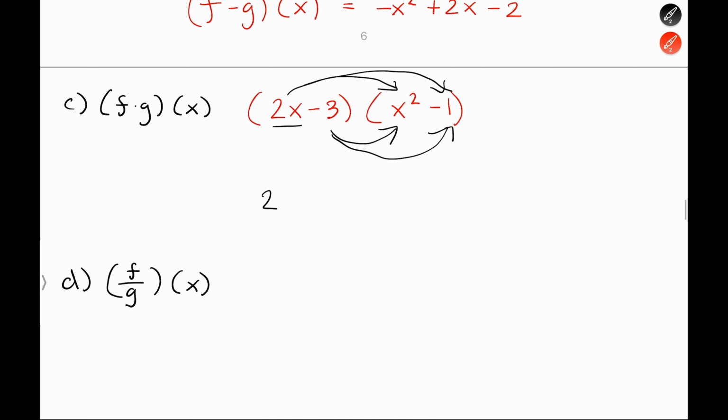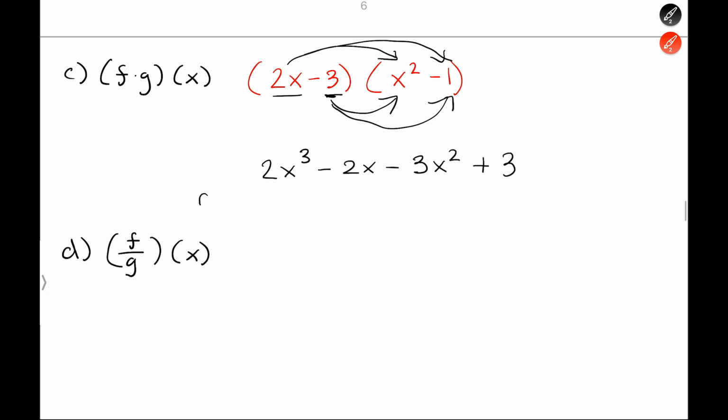So we'll have 2x cubed minus 2x. Now we'll take a look at this. Minus 3x squared plus 3. So then our final answer for f times g of x is equal to 2x cubed minus 3x squared minus 2x plus 3.